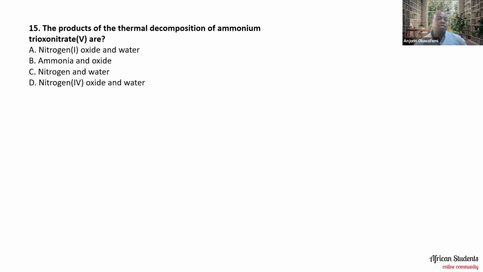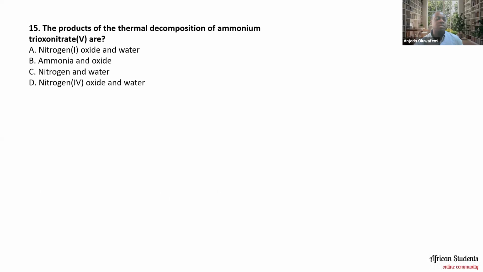Moving on now and looking at this other question, it says the products of the thermal decomposition of ammonium nitrate (V) are A, nitrogen (I) oxide and water, B, ammonia and oxide, C, nitrogen and water, D, nitrogen (IV) oxide and water.